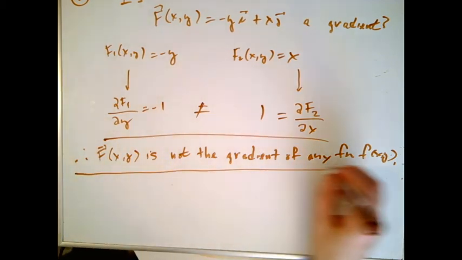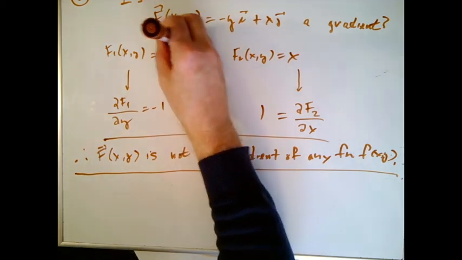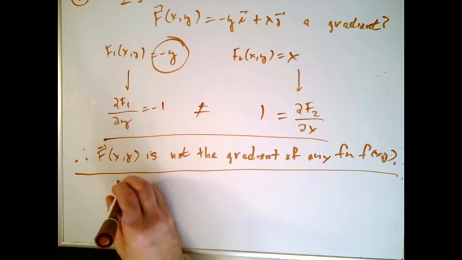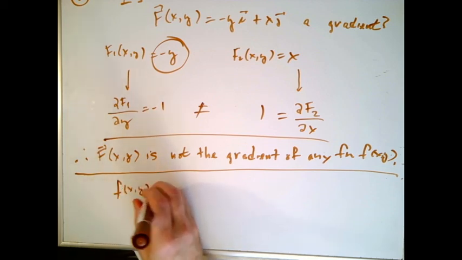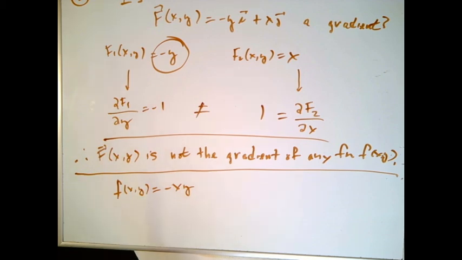Now, one final note, let's say I just ignore this and I try to find an antigradient anyways, a function whose gradient is equal to this. Now, how would we do this? If this is actually the gradient of something, that would be fx. And so I would take the antiderivative of that with respect to x, and I'd get minus xy. If this was the gradient of some function, that would be fy.